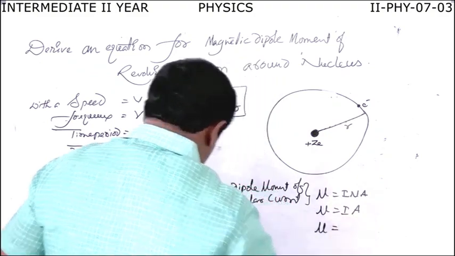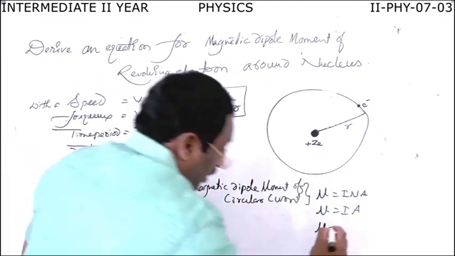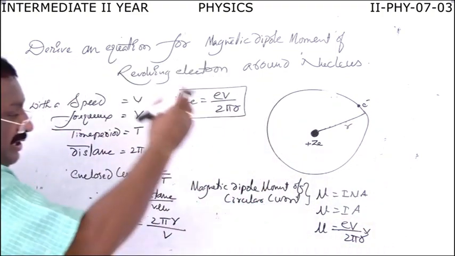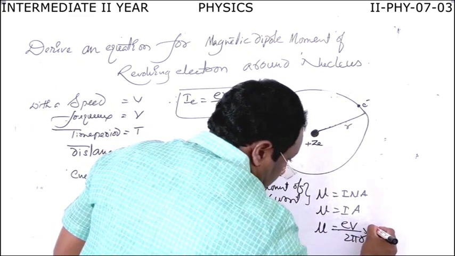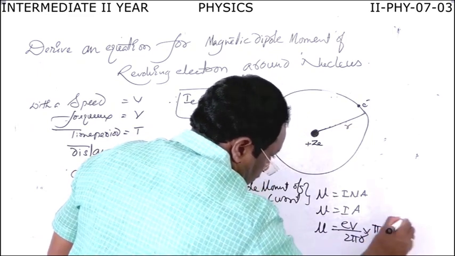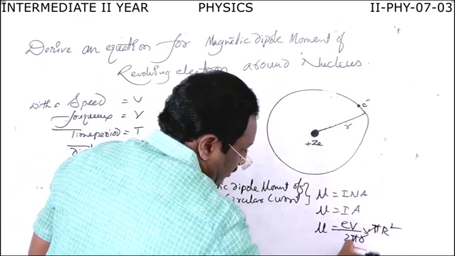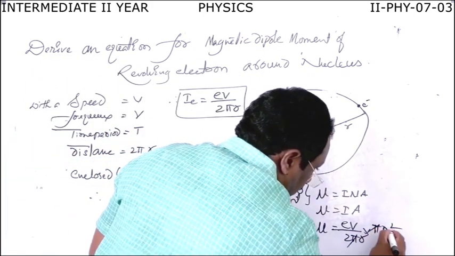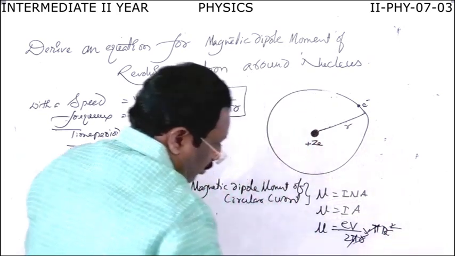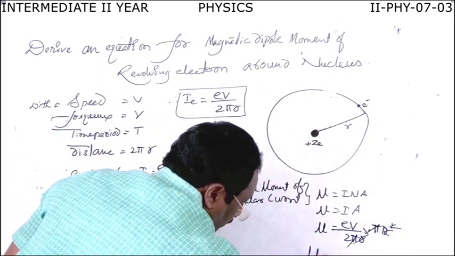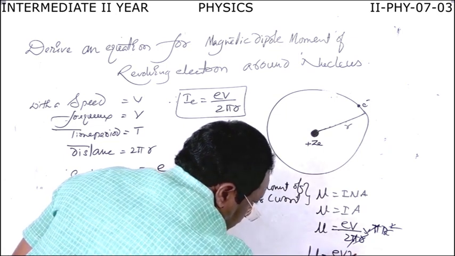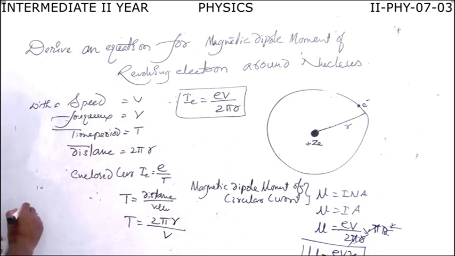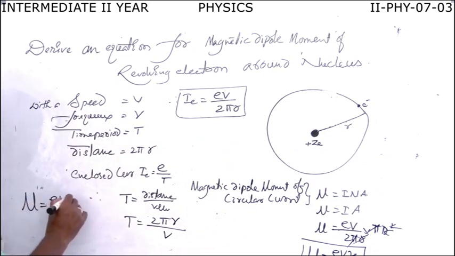Mu is equal to I, which is ev by 2 pi r, multiplied by the area pi r square. Now pi cancels, and one r cancels. So we have evr by 2. The magnetic dipole moment of the electron is evr by 2.